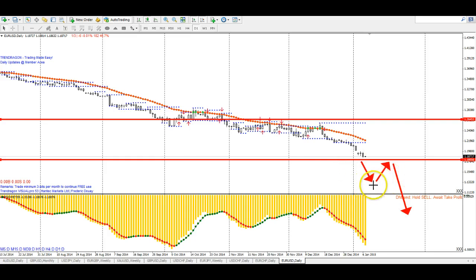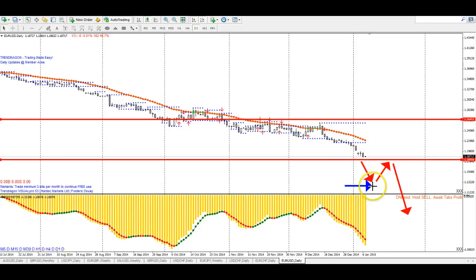Now this scenario is the most conservative one, and the best conservative way to do this is to wait for that to happen and enter after it breaks that newly lower low, and you will have basically three reasons to enter.